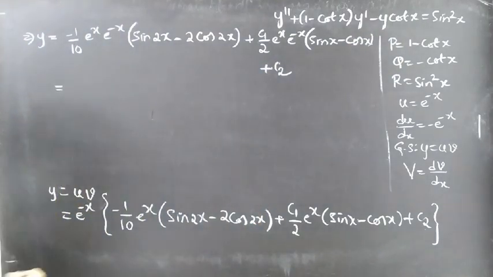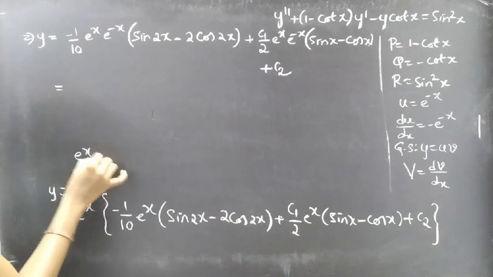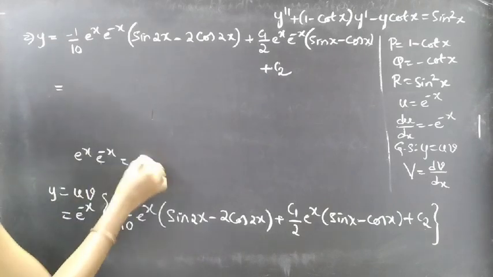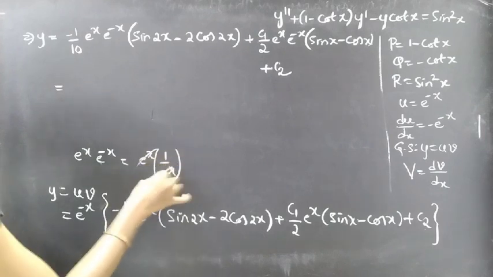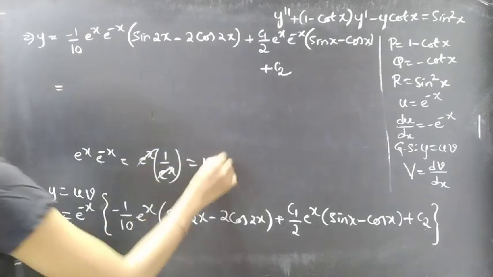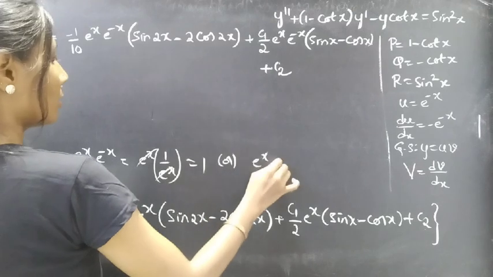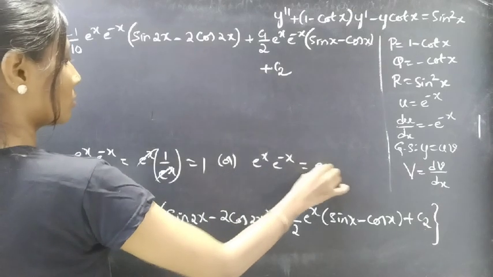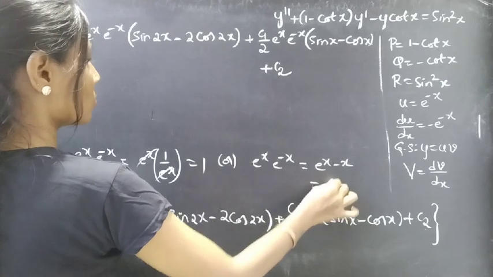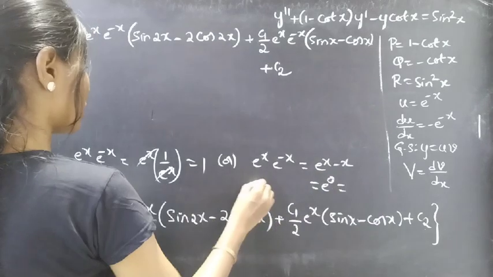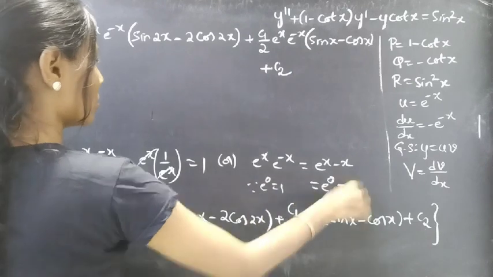We know that e power minus x can be written as 1 by e power x, then e power x gets cancelled and equals 1. Or we can add the powers: we'll get e power x minus x, which is e power 0, and since e power 0 is 1, we get 1.